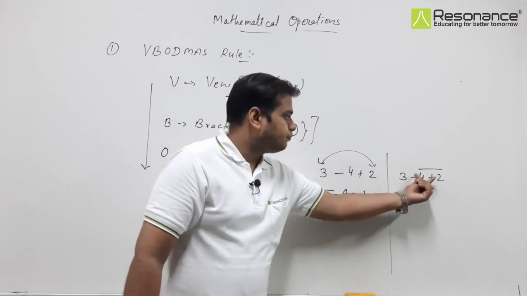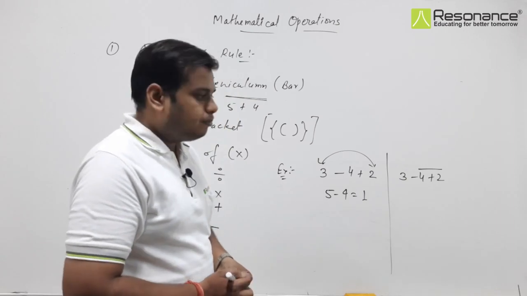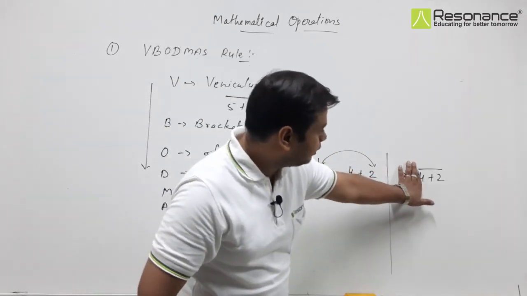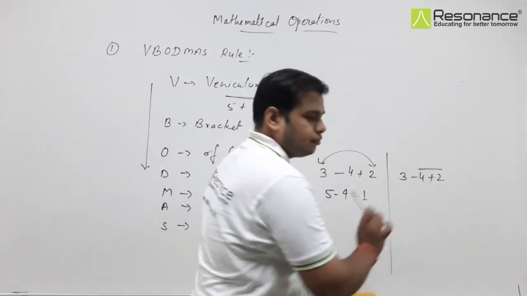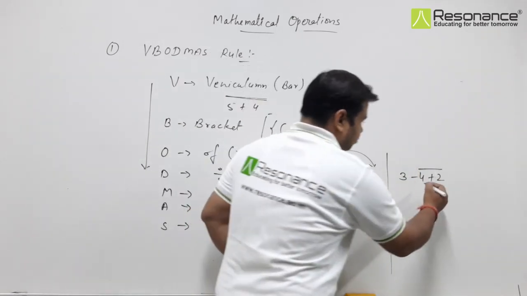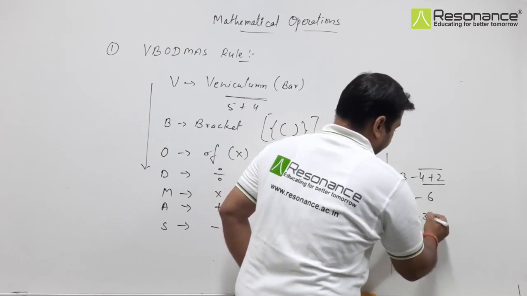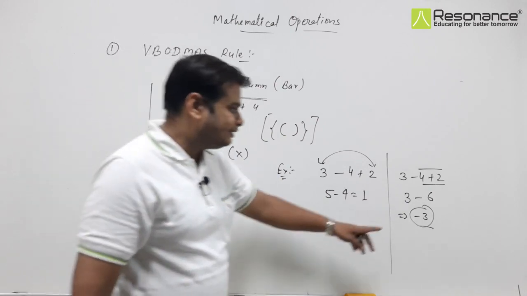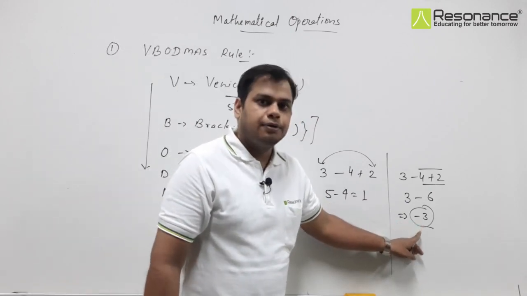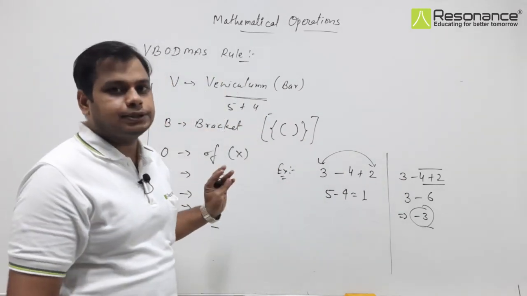But if there is a vinculum drawn, then what happens? Vinculum means we have to solve this part very firstly. So 4 plus 2 becomes 6 and 3 minus 6 becomes minus 3. So this is the change made by following these mathematical operations.